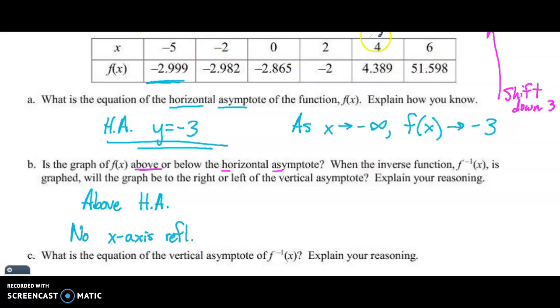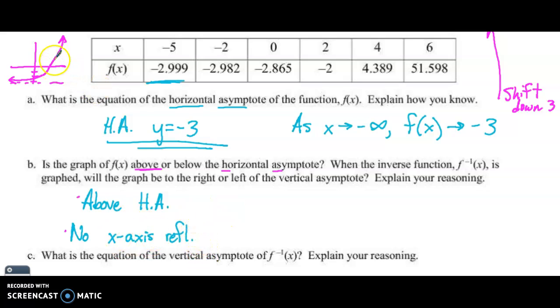But if we looked at this table only, I'll switch back to that pink color. We have that, and we had the graph kind of look like this. I think I drew that pretty well. So we're definitely above, and I'll give you a couple reasons. You can either point to the graph with the table of values or use the no x-axis reflection.